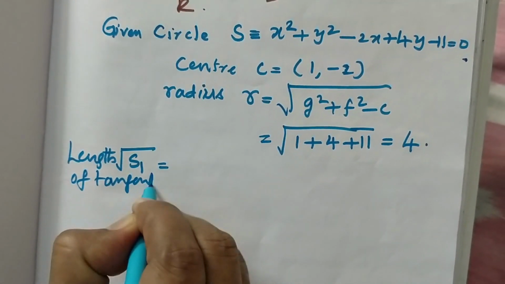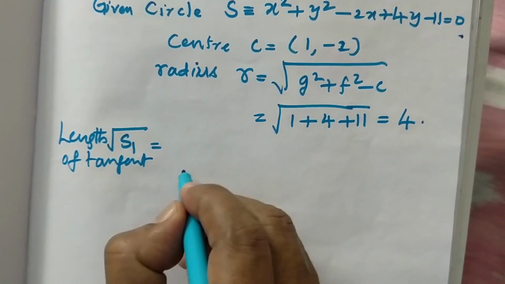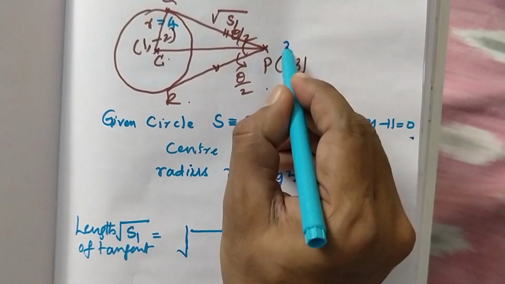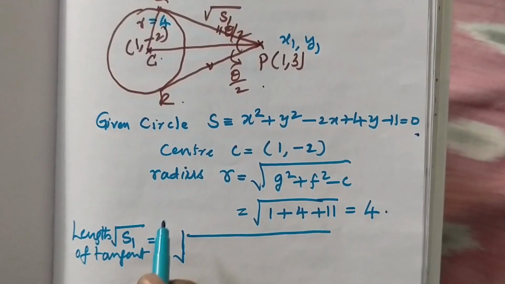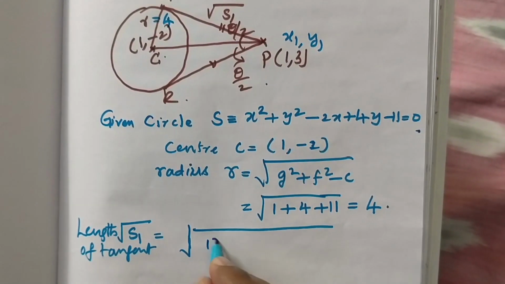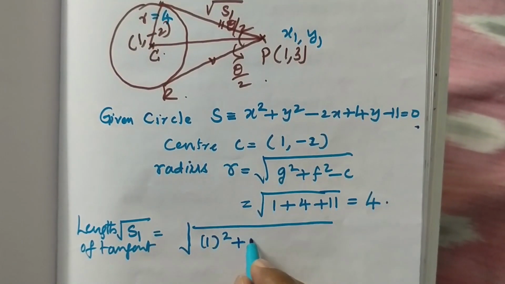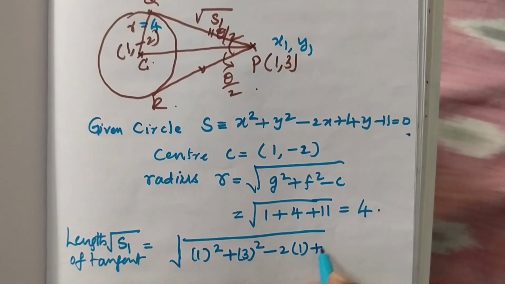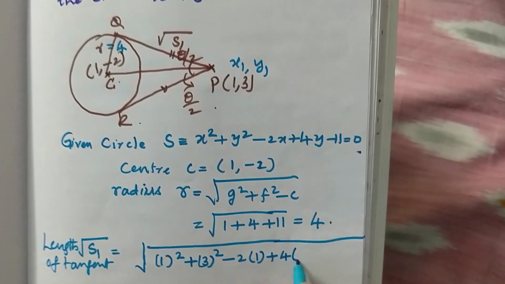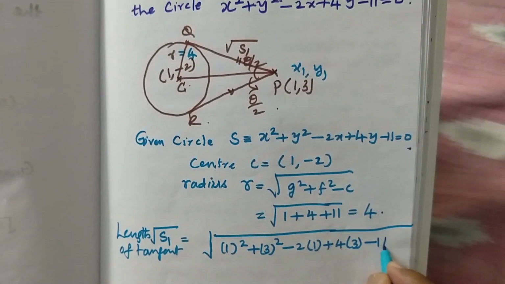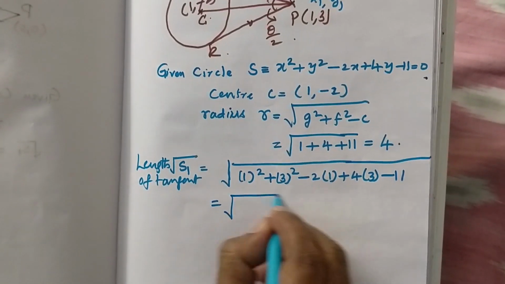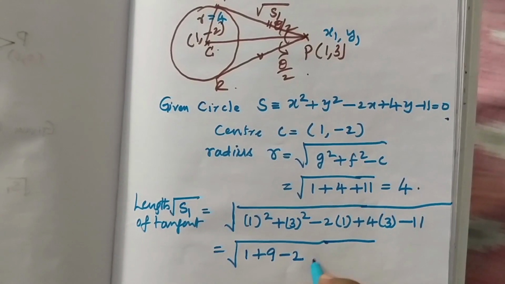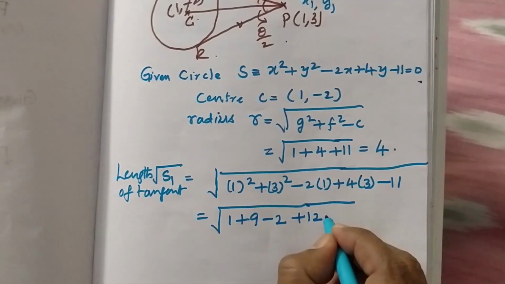That is root S1, square root of x square plus y square minus 2x plus 4y minus 11, where 1, 3 is my x1, y1. So 1 square plus 3 square minus 2 into 1 plus 4 into 3 minus 11 is equal to square root of 1 plus 9 minus 2 plus 12 minus 11.